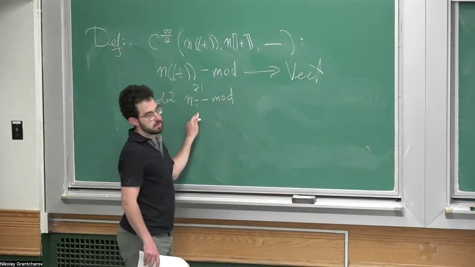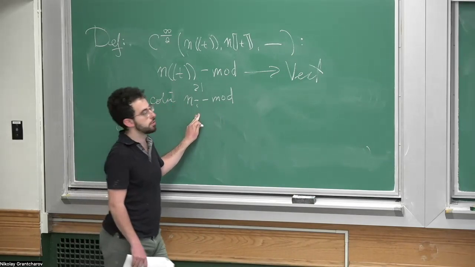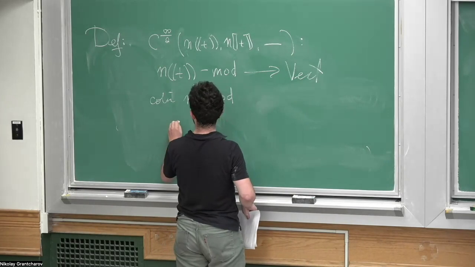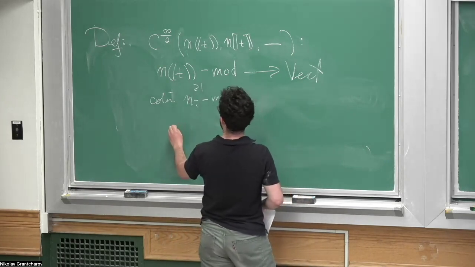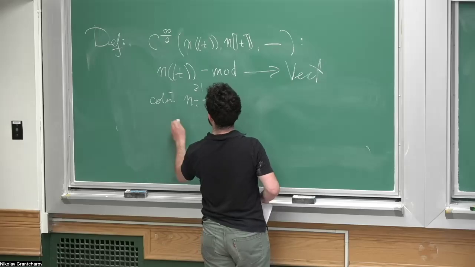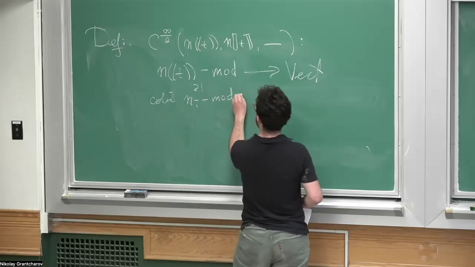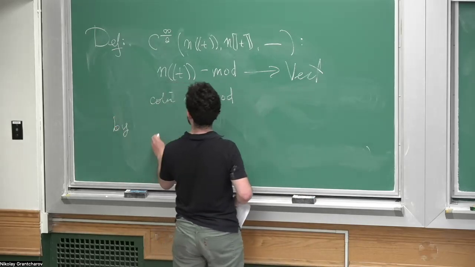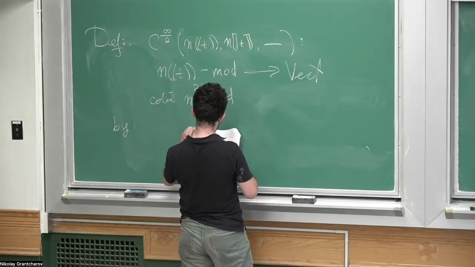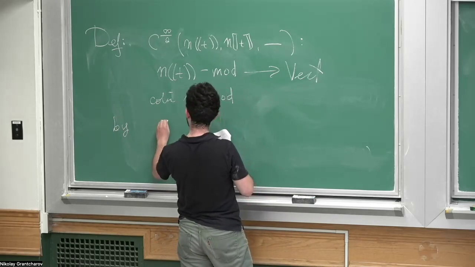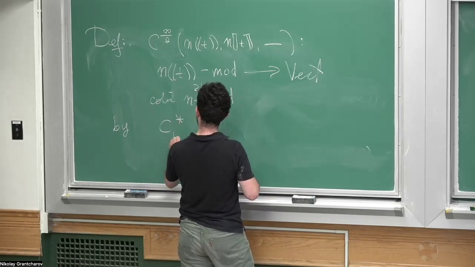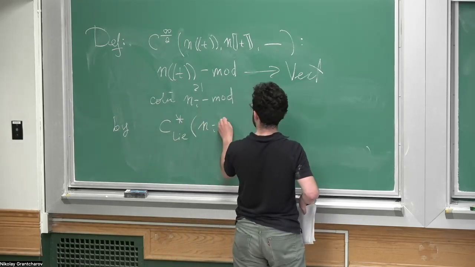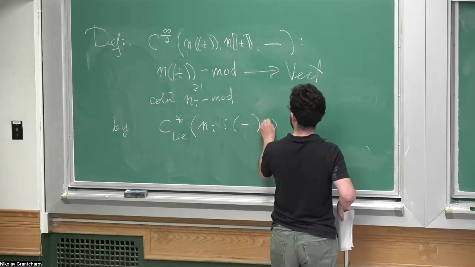Over each one of them separately, I already have a functor of cohomology, the algebra cohomology with coefficients in the determinants.